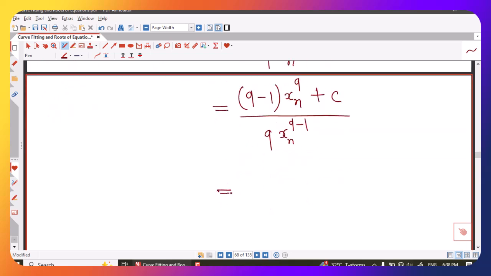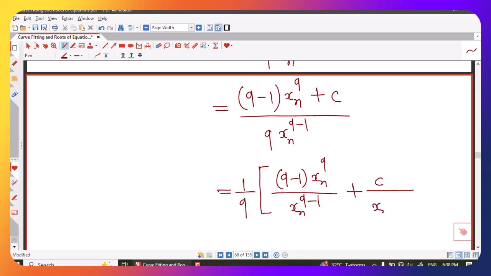This we can rewrite again as, suppose I consider 1 by q outside, and I consider q minus 1 times xn raised to q divided by xn raised to q minus 1, plus C divided by xn to the power q minus 1.